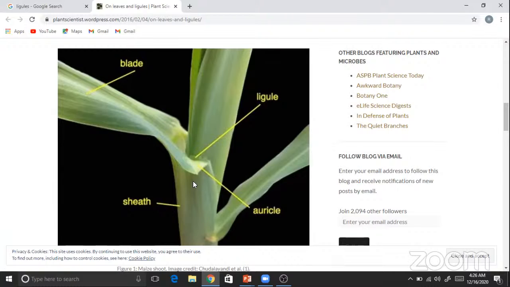The second very important characteristic is the auricle, which is a tendril-like appendage. The word clasping is usually used for this, and it always points in the opposite direction. See, the leaf blade is growing in this direction, but the auricles move in just the opposite direction.